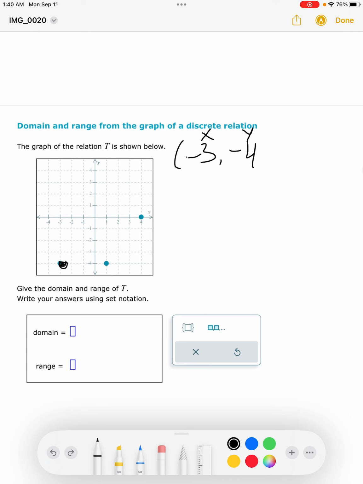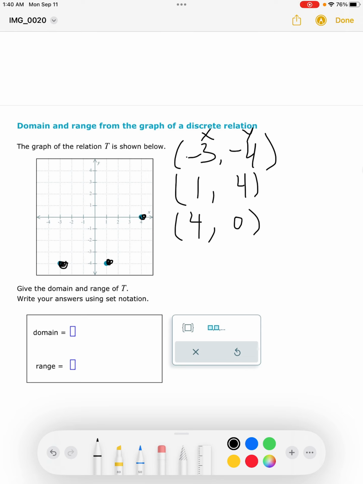All right. So I went -3 left, which is my X. And then I went -4 down, which is the Y. That's one coordinate point. The other coordinate point is 1, comma 4. And then we have the last coordinate point of 4, comma 0. Okay?